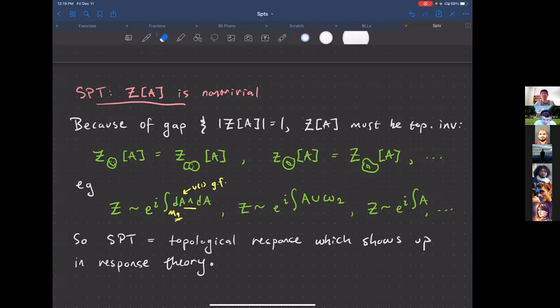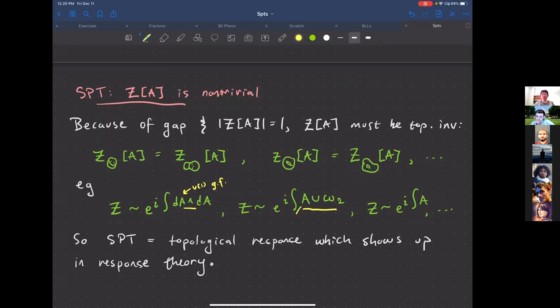Other examples, basically all the examples look something like this, where the partition function in the presence of these fields is some integral of the fields that is a topological invariant. Another example that you might see if you're reading papers looks something like this.